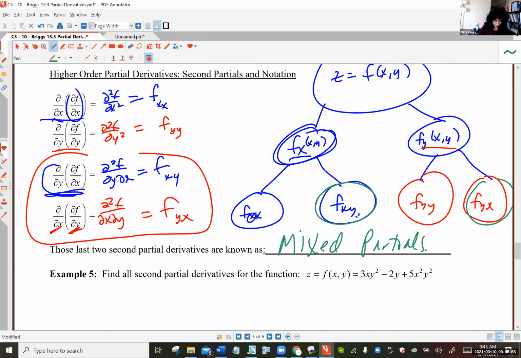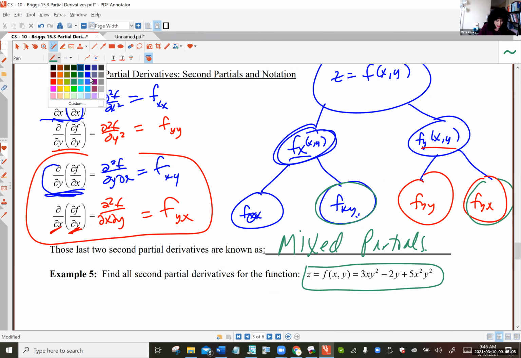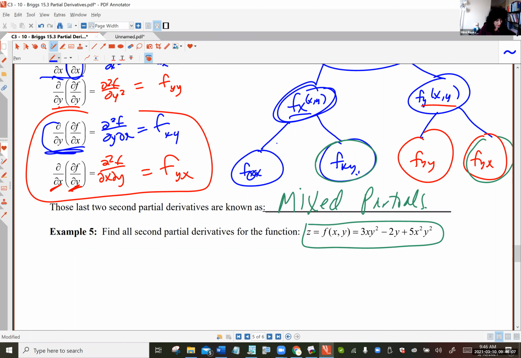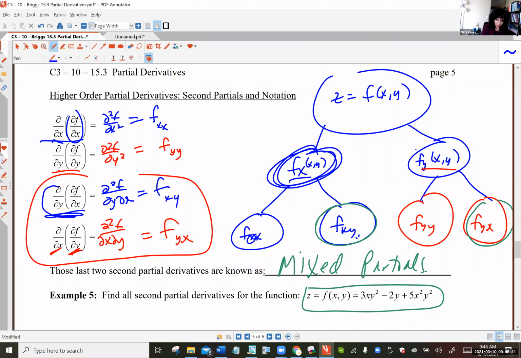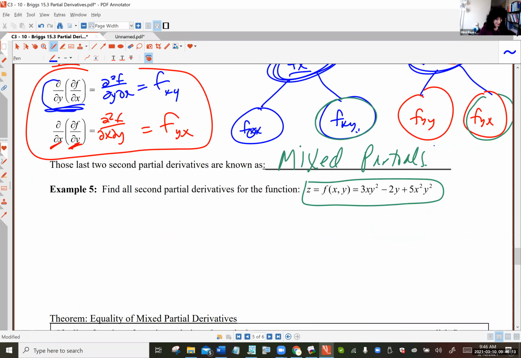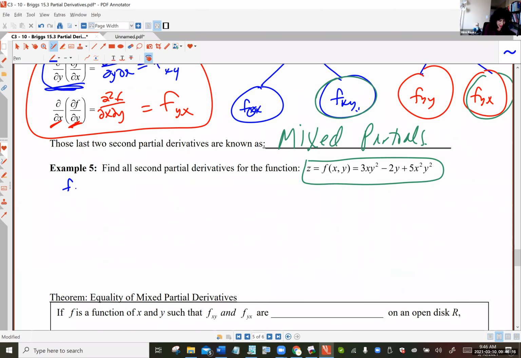Let's do an easy problem where we find all of the second partials for this beautiful polynomial function. In order to find the second partials, you better find the first partials because that is order number 1. So fx, I'm going to do this fairly quickly. I'm going to differentiate with respect to x, which means I hold y constant. The derivative of 3xy squared with respect to x is 3y squared.